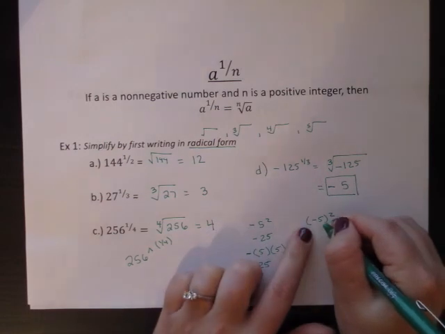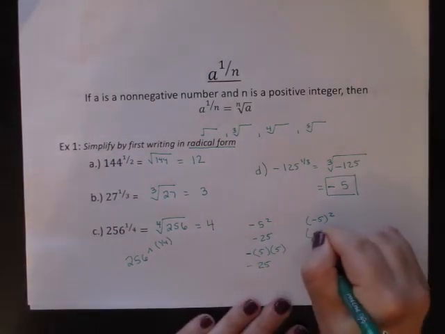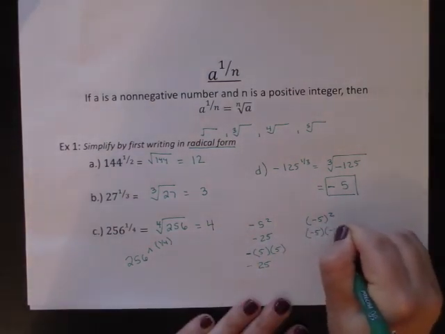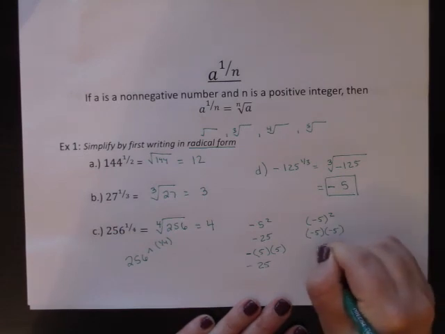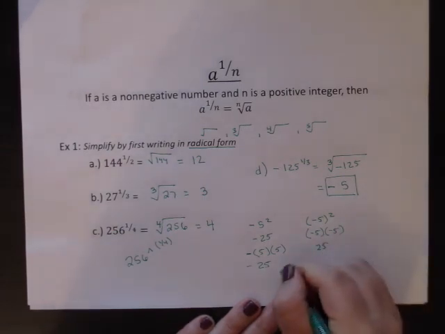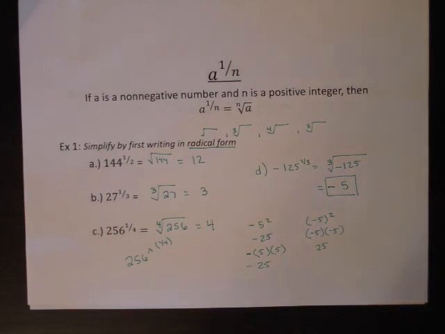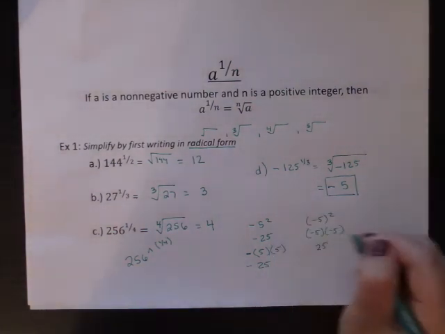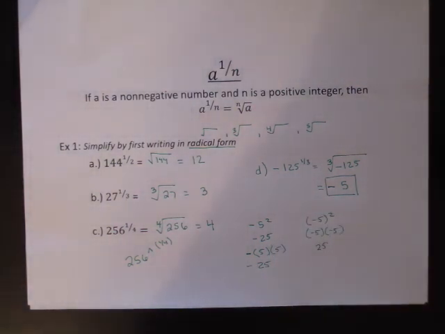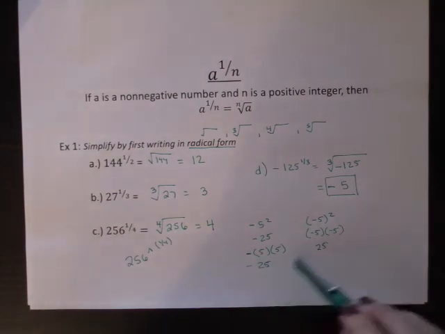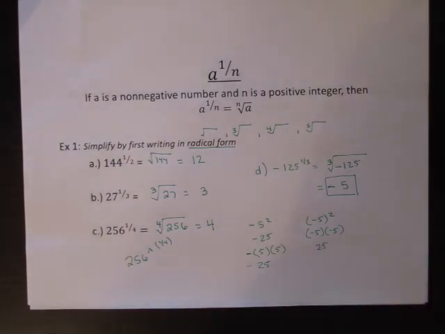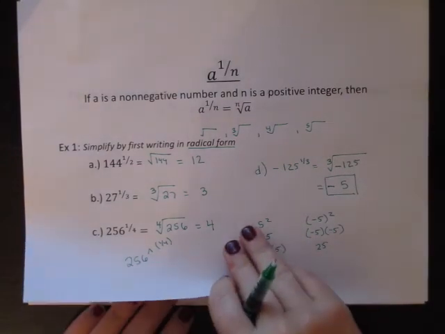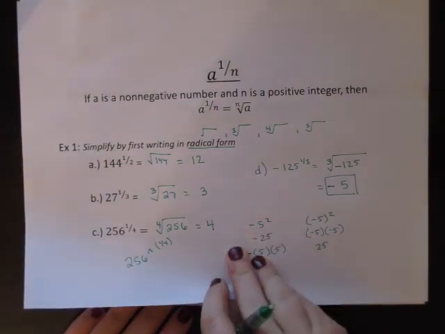But if you have in parentheses negative 5 squared, essentially that's negative 5 times negative 5, which would be positive 25. And those two do not equal each other. So it's super important whenever you're raising to an even exponent that you make sure that you include your parentheses if you have them, which will make more sense when we get working with it.